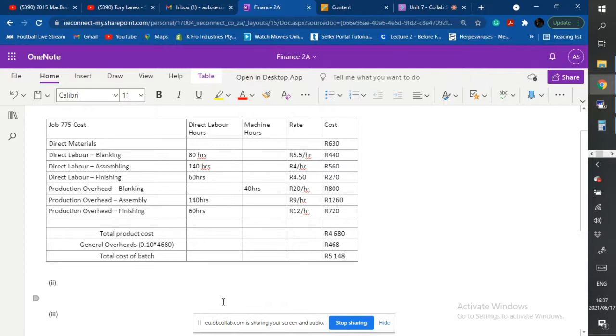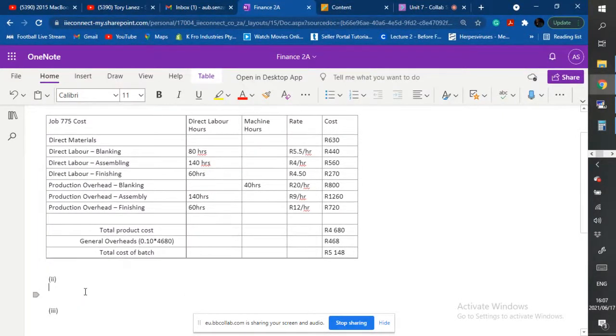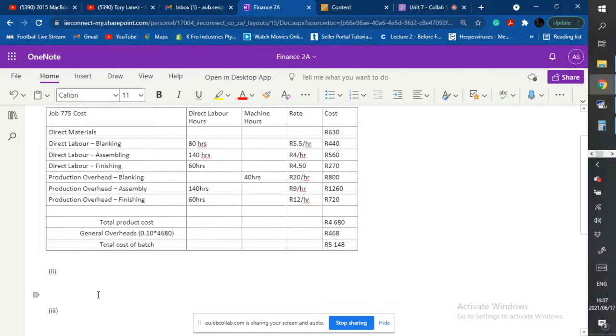Okay, the per unit cost. We're just gonna finish this because it's just two easy ones, and then I'm gonna give you guys a break. So just hang in there for me, 2 seconds. Okay, so here the total cost. Remember there, the 2 bullet points there, you see number of units produced was 150. So all we're saying here is to get the cost per unit, 5,148 divided by 150.